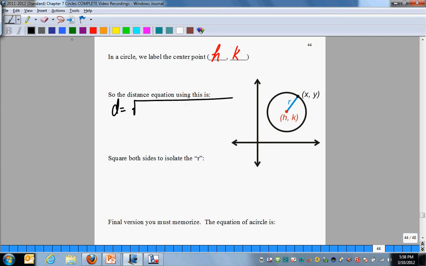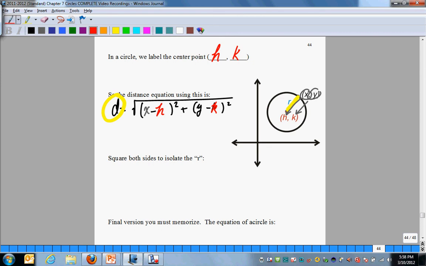Distance equals, if we want the distance from here to here, make your template. It is x minus h, h being the center point x, but we call it specifically h. X minus h, parentheses squared, plus y minus k, parentheses squared, k being the y point of the center.